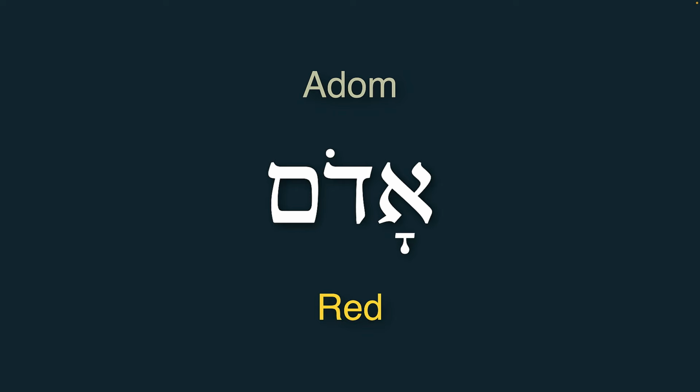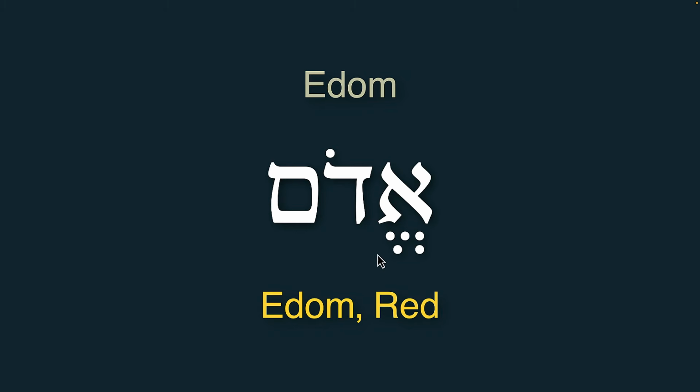Not only that, the word Adam can be slightly pointed differently, and if you pronounce it as Adom, then it means red. And you could also slightly change the vowel and pronounce it Edom, which is the alternative name given to Esau, the brother of Jacob. It can also mean red. So essentially what we're talking about is red ground.